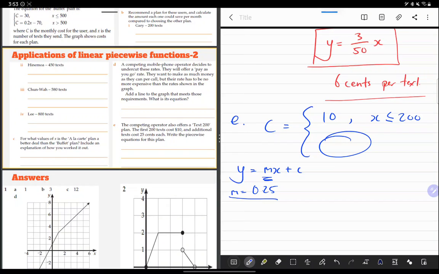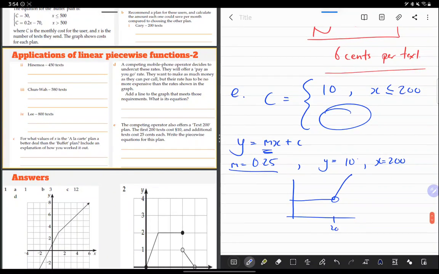We know m equals 0.25. Also, we want y to equal exactly 10 when x is 200. Because we know we want to link these two graphs and they should meet there. That would be at the point 200, 10, and we want this equation to line up there and then move on upwards.